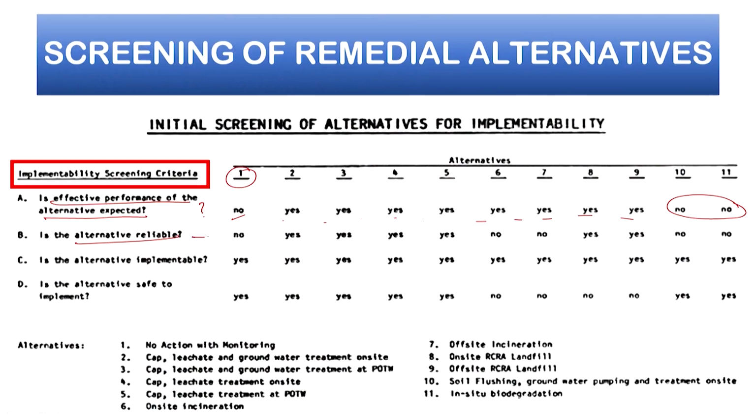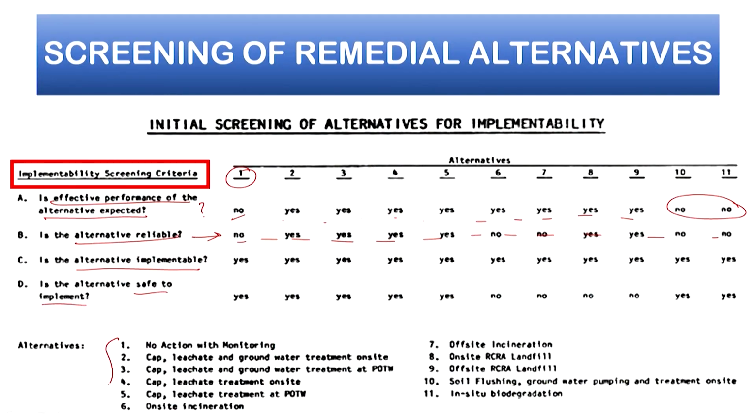So in that context, again they looked at the alternatives, the 1 to 11 that we looked at. Is it practically implementable depending upon the site conditions out there? Is it safe to implement? Yes, as in during the course of remediation it should not lead to further contamination of the site. So based on these aspects, obviously all the 11 alternatives are again considered.